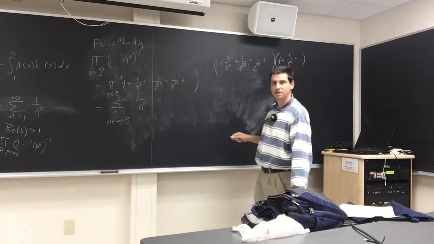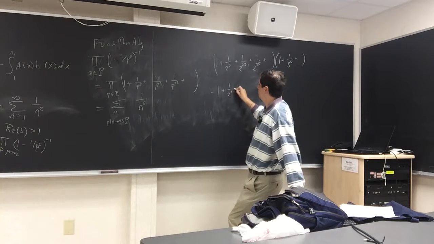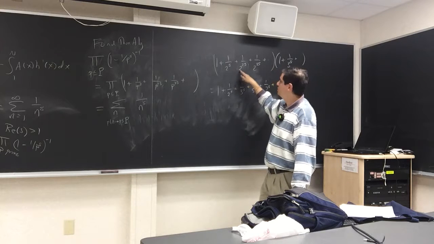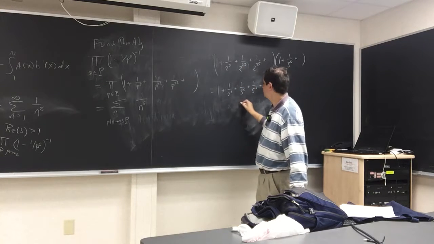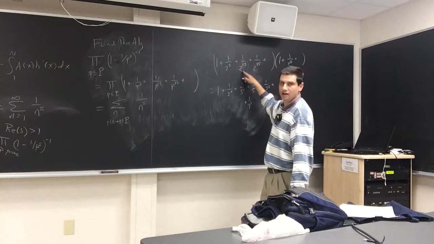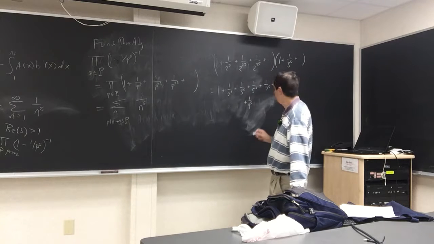So when I start multiplying things out, I get 1, and I get 1 over 2 to the s plus 1 over 3 to the s plus 1 over 5 to the s, plus 1 over 7 to the s. And now this is 2 to the 2s. That's the same as 4. So I get a plus 1 over 4 to the s. And then the next one would be 4 times 3, which would be plus 1 over 12 to the s.